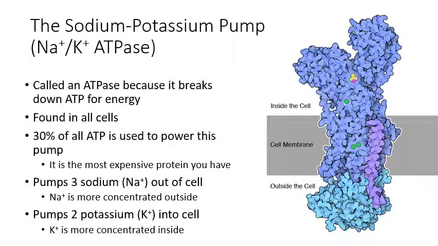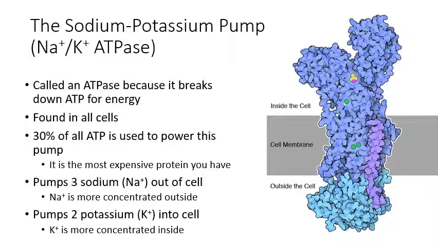The sodium-potassium ATPase uses the energy that it gets from ATP to pump sodium and potassium across the cell membrane against their concentration gradients. Every single cell in your body has the sodium-potassium pump. When I say on there that it's found in all cells, I don't mean literally every cell on the planet.